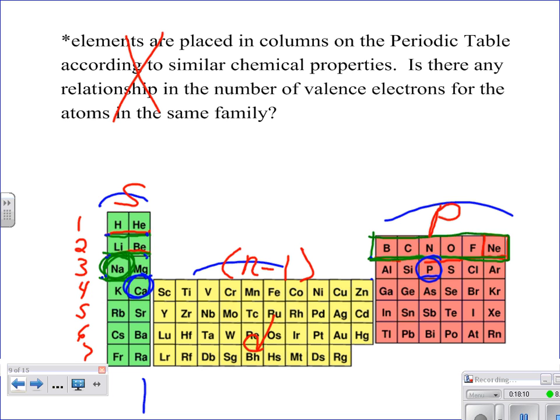Basically, you're taking your period and subtracting 1 for your energy level. For the F block, which I don't have on this little thing, this is going to be N-2. So what we end up seeing is that the valence electrons will never come from a D or an F block.